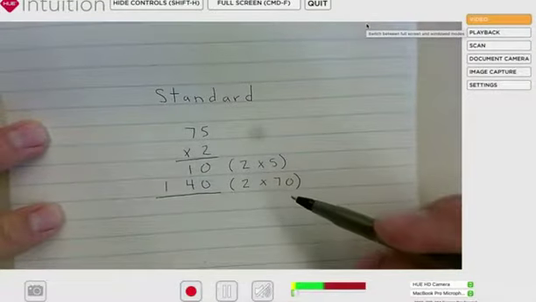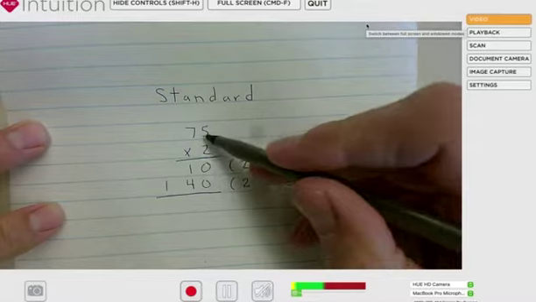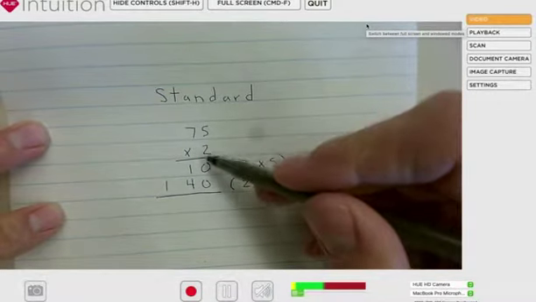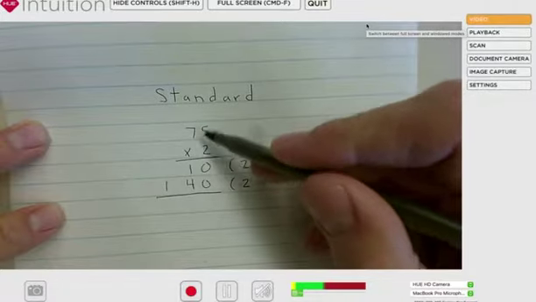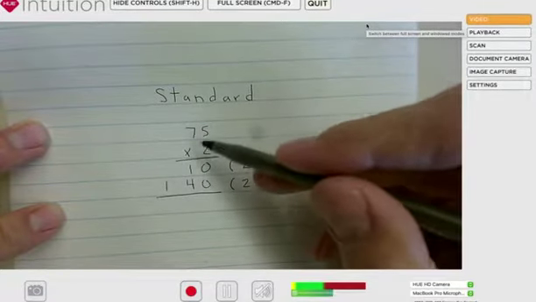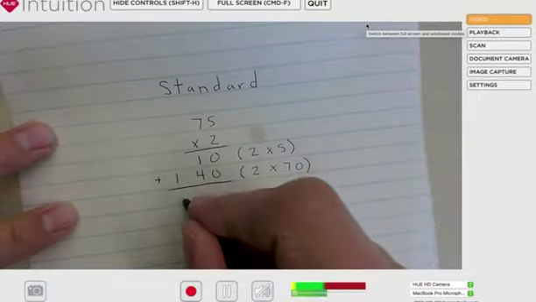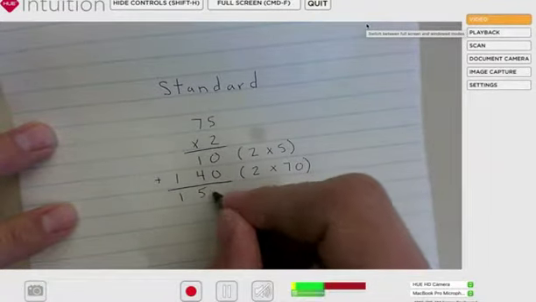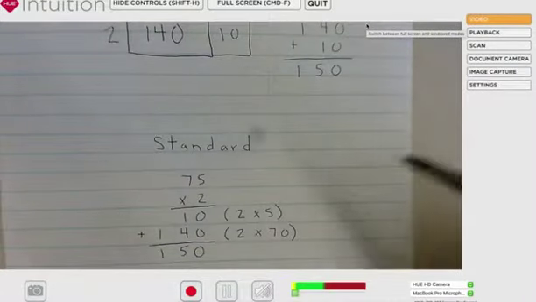It doesn't really matter. And this is the way that we do it. We always go up and then over, up and then over. 2 times 5, 2 times 70, 2 times 5, 2 times 70. We always go in that order. And yes, we add the partial products just like before. And of course, we get the same exact answer as we did up here, 150 and 150.